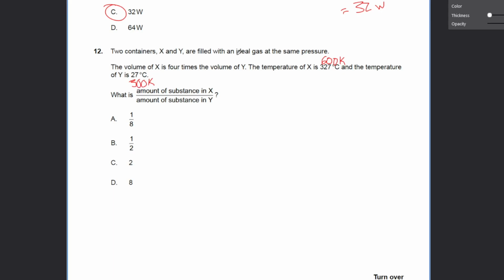And then this is an ideal gas at the same pressure. So what I'm thinking of right now is the ideal gas law, PV equals nRT.